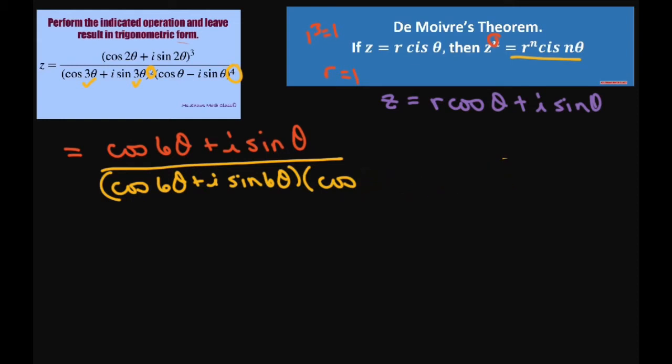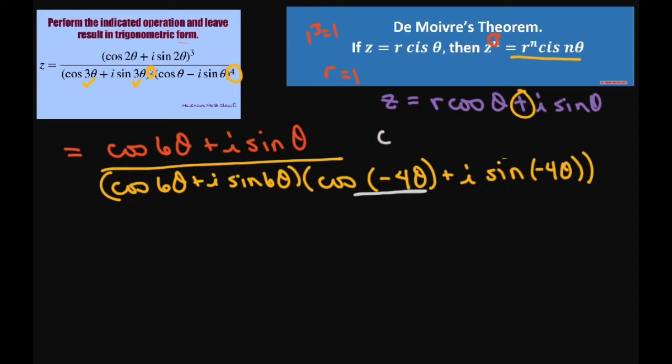So I'm going to write this as cosine of negative 4 theta plus i, so I changed it to plus, that's what we needed, sine of negative 4 theta. All right, and think about it, just to make sure you're understanding, cosine is an even function, so we do get cosine of 4 theta, and sine is an odd function, so that means I can pull the negative out, and that's what we had originally. All right, but I need this plus here.